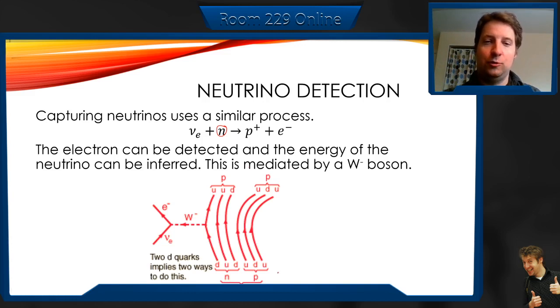We have a deuteron, which is just a regular old hydrogen nucleus, but there's an extra neutron. Hydrogen has a mass of 1.